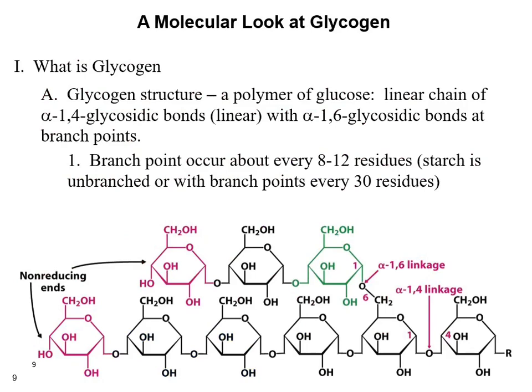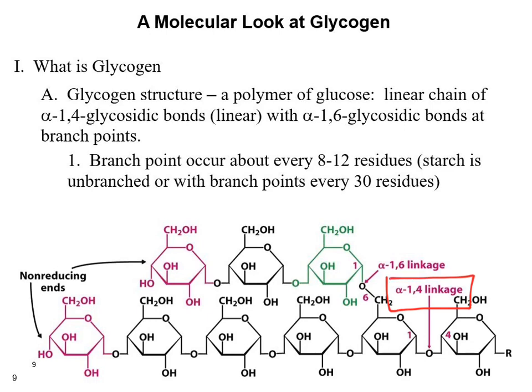Now, looking back at a previous slide, when we were studying carbohydrates, we talked about glycogen before. And now we can look a little bit closer at it, and some of the main features are that most of the glucose molecules are attached via an alpha-1,4 linkage. And so you can see here's our alpha-1,4 linkage.